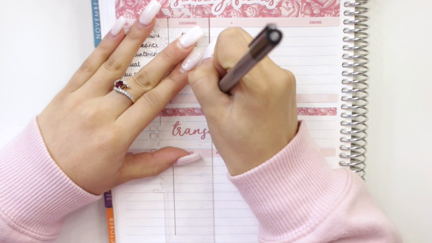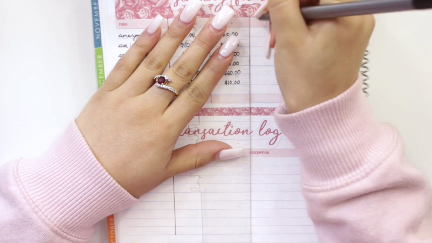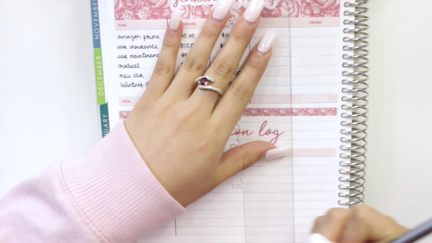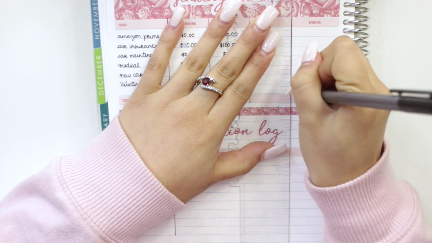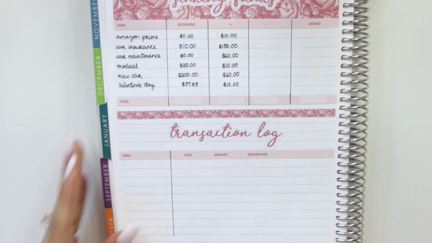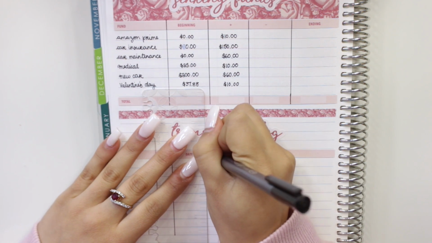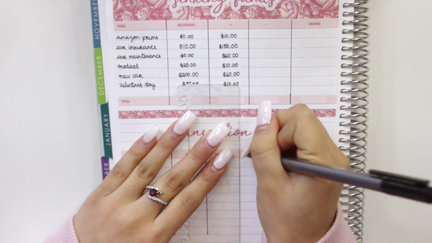You guys can go ahead and do whatever you want, obviously. Here. And then one right here. Like so. Now I'm just going to go ahead and make the lines here. And right here.